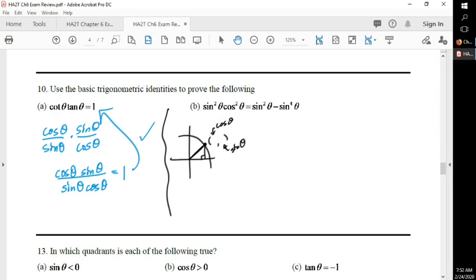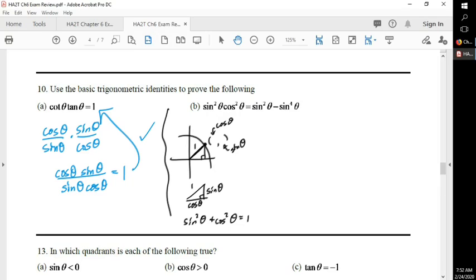In our unit circle, the hypotenuse is 1. So in our triangle, this is cosine theta, this is 1, and this is sine theta. Now you know that sine squared theta plus cosine squared theta equals 1 squared. That's the Pythagorean identity: a squared plus b squared equals c squared.